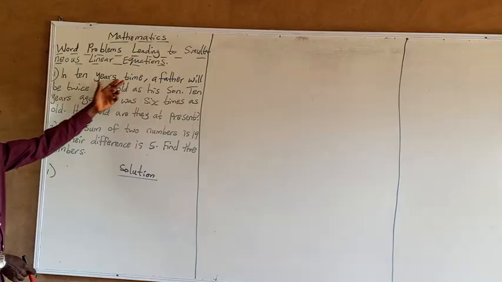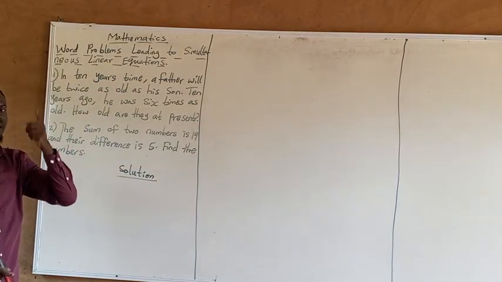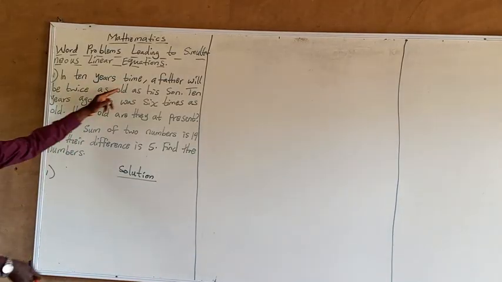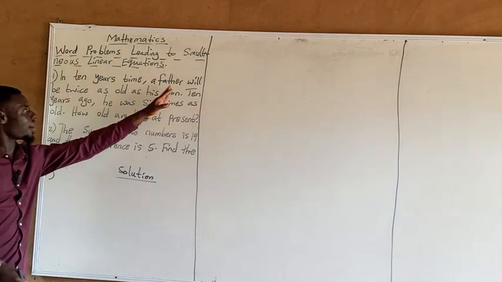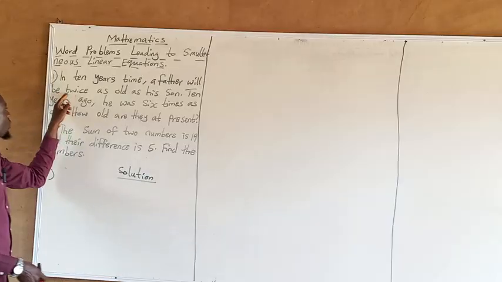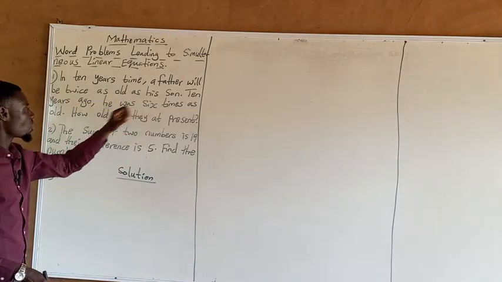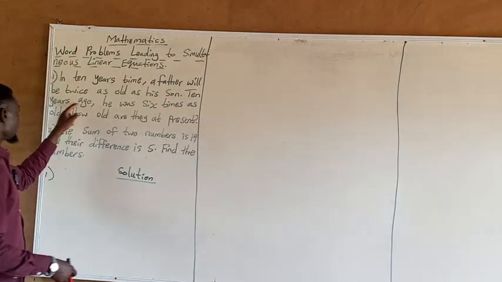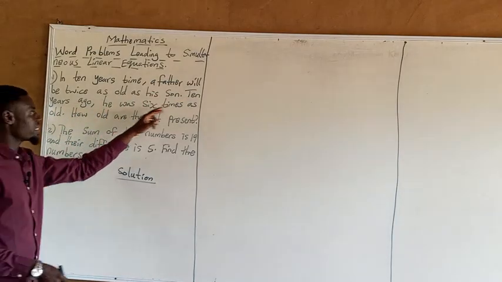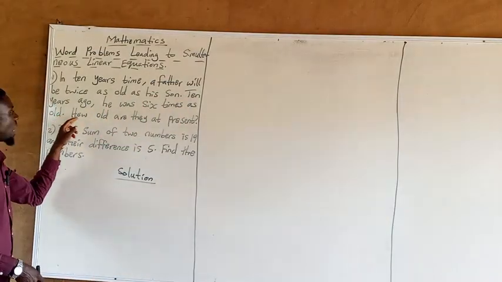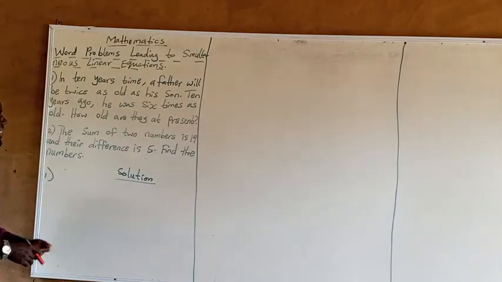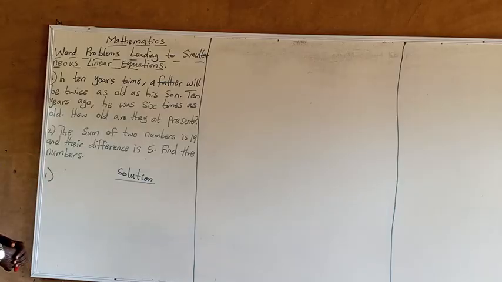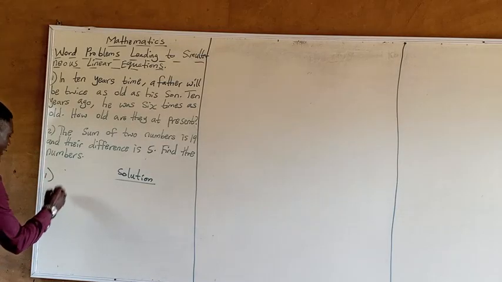Now, in 10 years' time, a father will be twice as old as his son. 10 years ago, he was 6 times as old. How old are they at present? Now, in 10 years' time. Note, the year is 10.